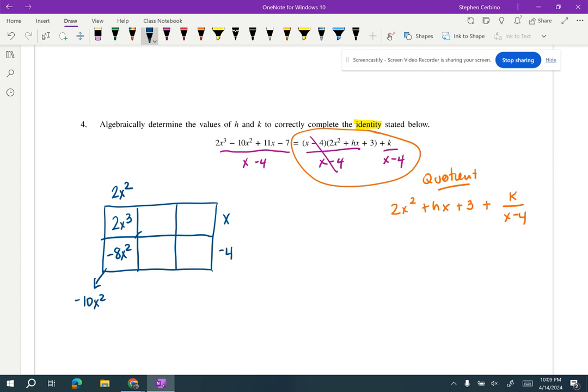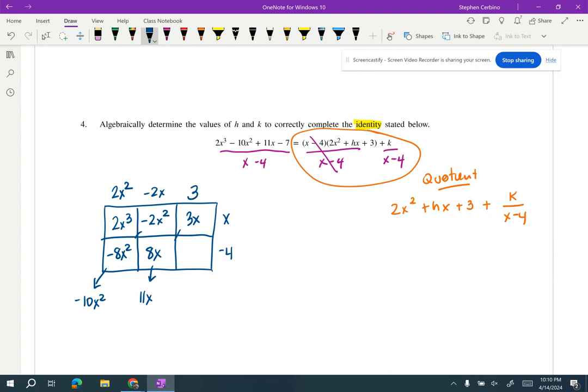Then we have to ask ourselves, what do we add to negative 8 to make negative 10? So that would be another negative 2, which would make this negative 2x. Negative 2x and negative 4x makes 8x. And we want the x's to add up to 11. So then we have to ask ourselves, what do we add to 8 to make 11? That would be 3x. 3 times x would make 3x, so we put a 3 up here.